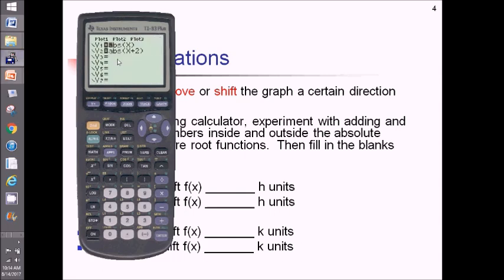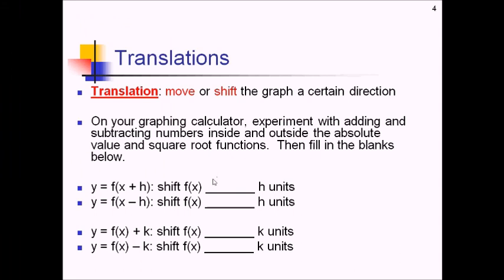Now if we go back there and instead of adding 2, subtract 2, and then regraph that, looks like that was the original, and this is the new one. That's moving us to the right, too. So it looks like, at least with absolute value, that adding something inside moves us left that many units, and subtracting something moves us right that many units.